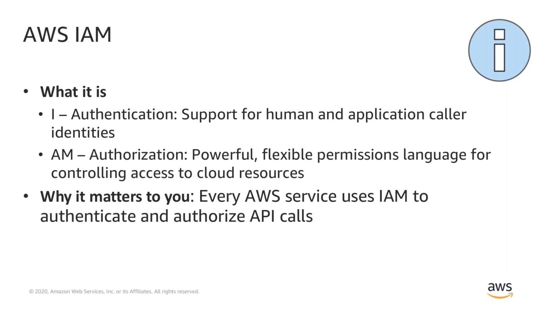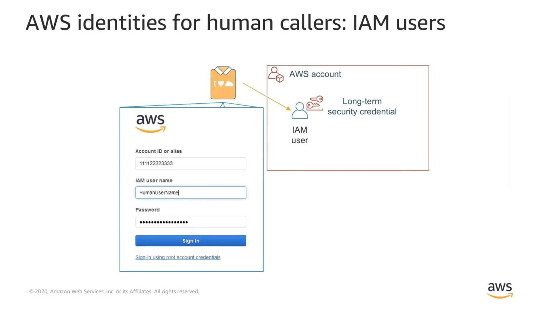Okay, although we will focus on human workforce identity for most of this webinar, we will touch briefly on how IAM helps with human and machine identity. AWS supports several identity authentication modules with IAM. First, you can create individual IAM users, assign them to groups, and attach permission policies.